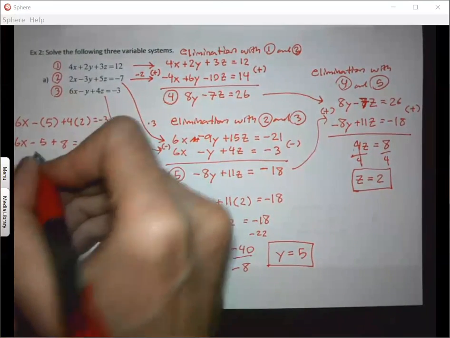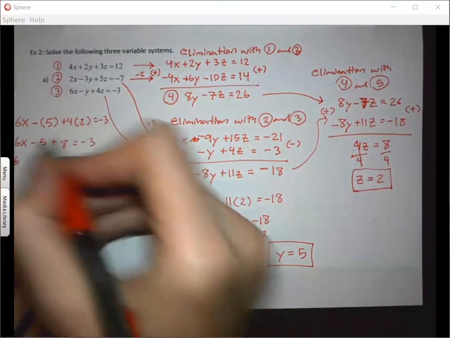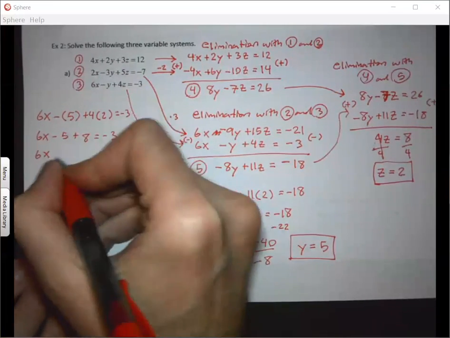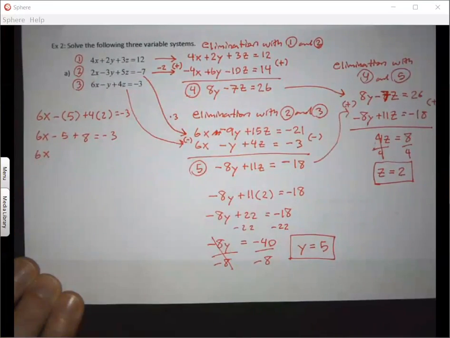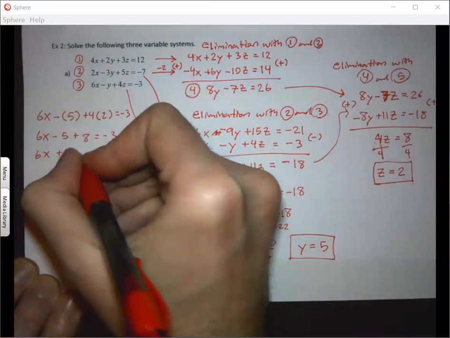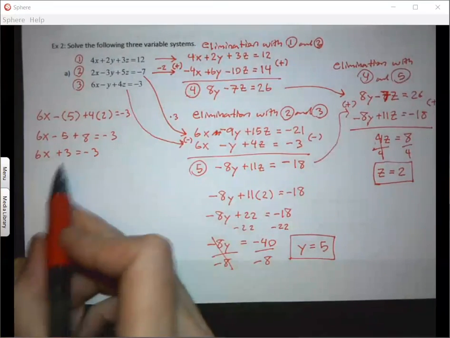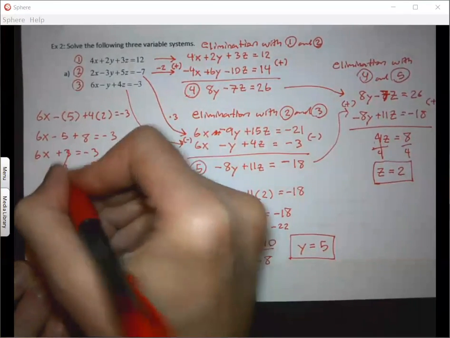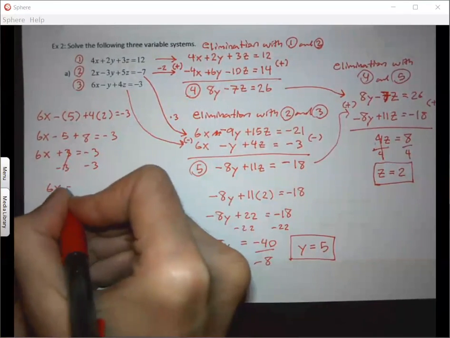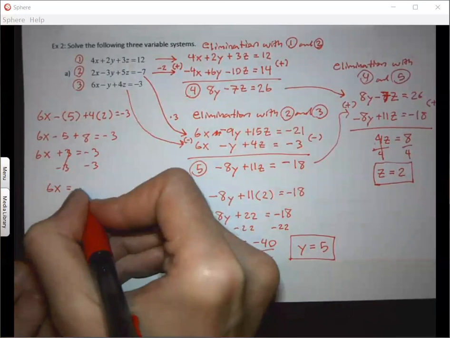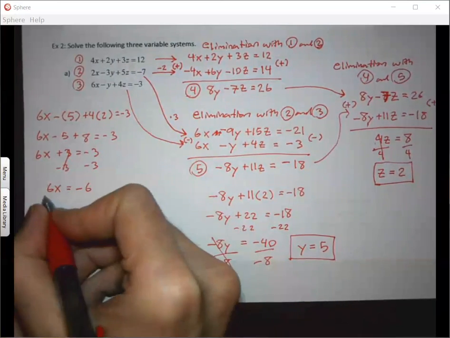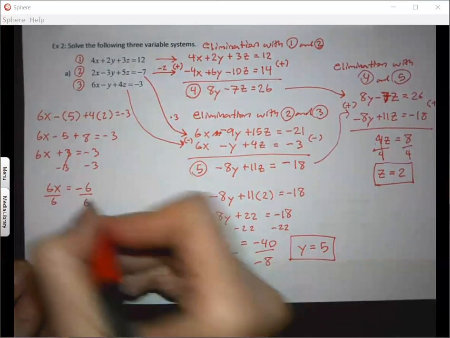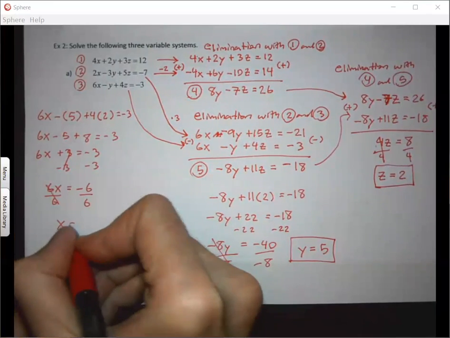Combine like terms. -5 plus 8 is 3. Take away 3 from both sides. -3 minus 3 is -6. Divide by 6, and x is -1.